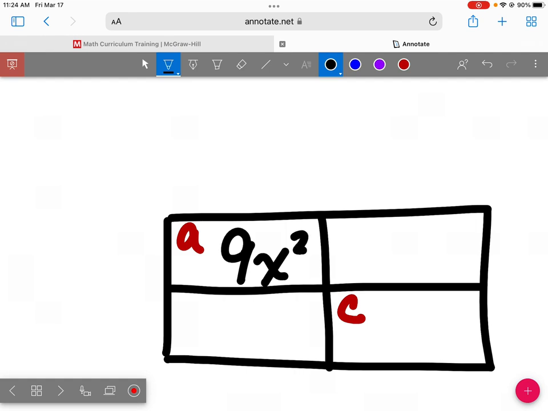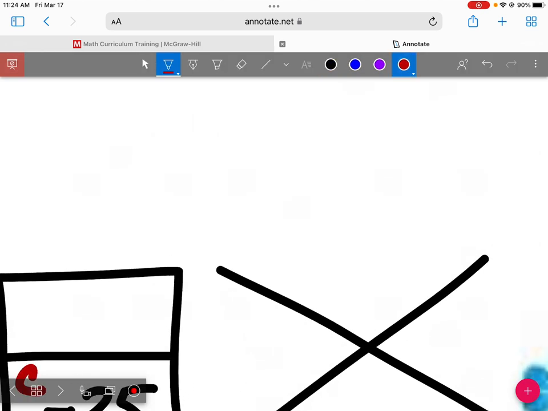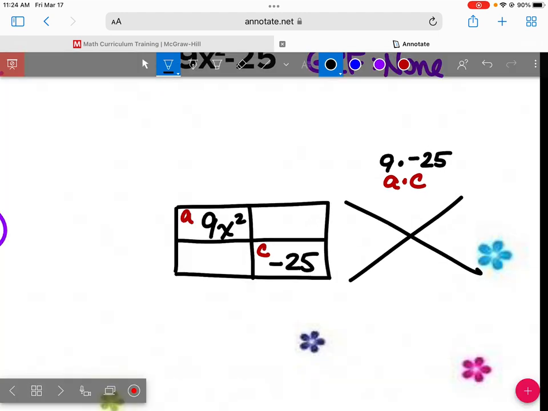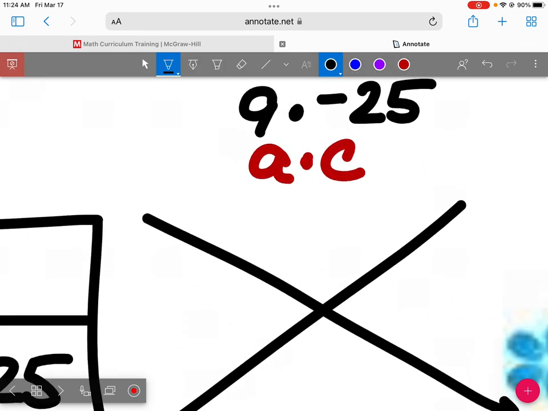So 9x squared, negative 25. When I do the x, I have to multiply a and c together. What is 9 times negative 25? Negative 225.